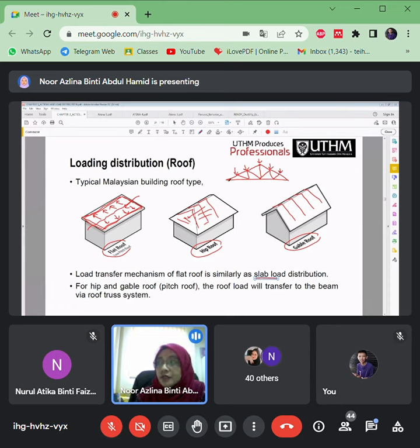Then it will transfer the point load to the beam. The same applies for these two types of roof, hip roof and gable roof, because they consist of truss members. So the load will transfer as a point load, while for the flat roof it transfers per area, similar to slab load distribution.